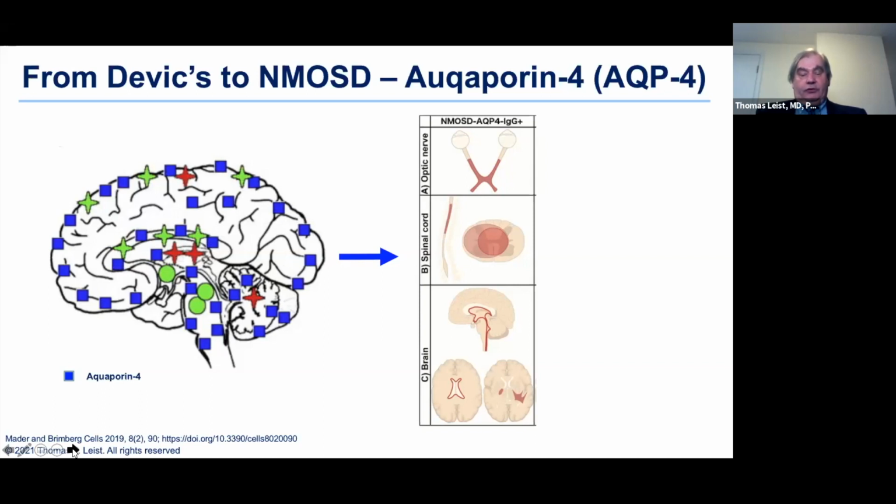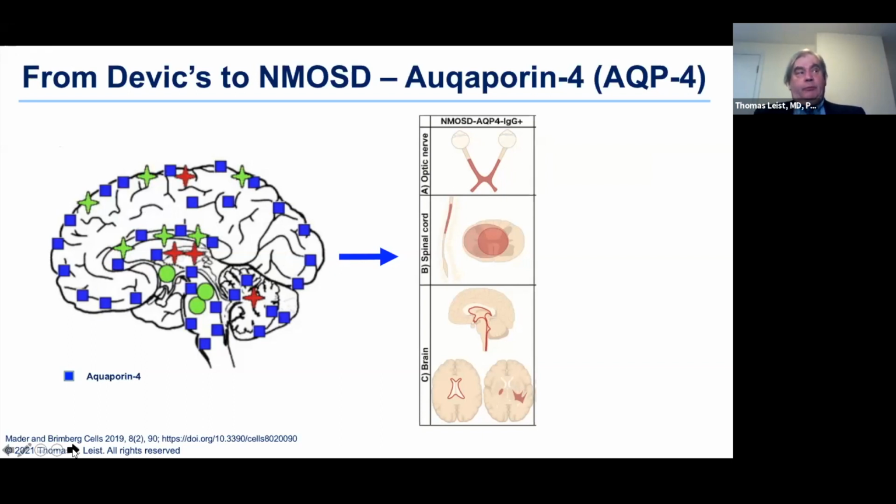Myelitis stands for the Greek myelon. You see this in the spinal cord. Optica refers to the optic nerve. So you have patients that have involvement of the eyes and the spinal cord. But you also have patients that have involvement of these other areas, and hence the term neuromyelitis optica spectrum disorder.